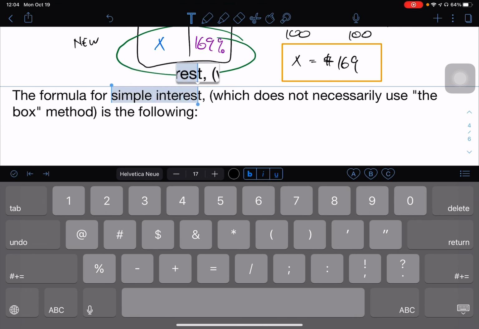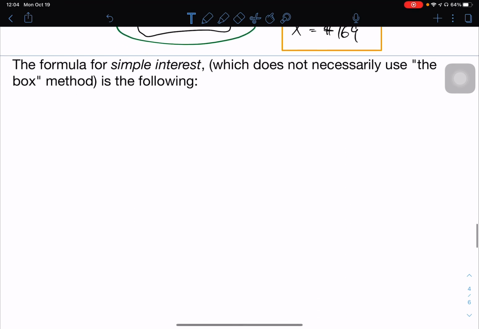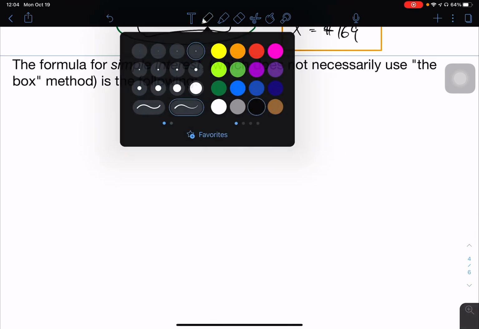Simple interest, I'll italicize here so that you know we're talking about a new definition here. So what is it? Simple interest is the following.